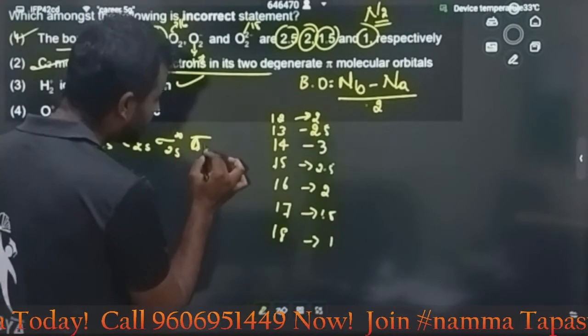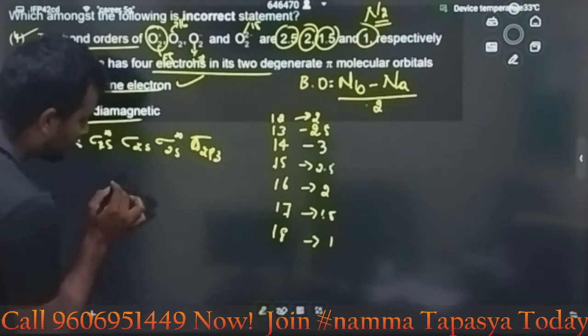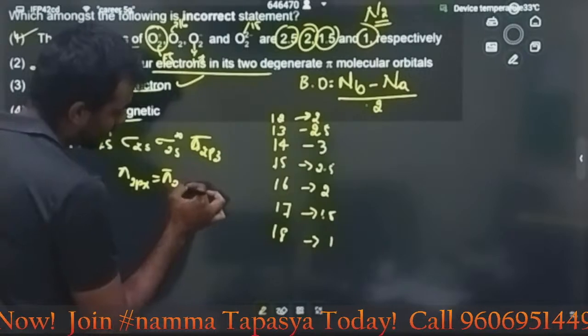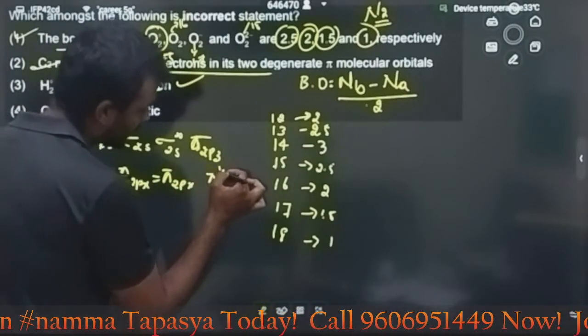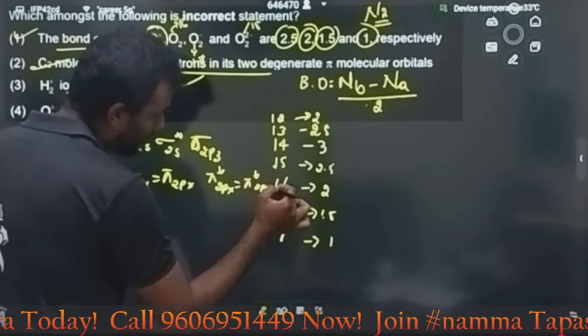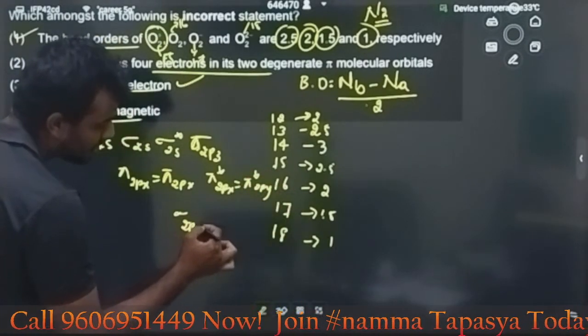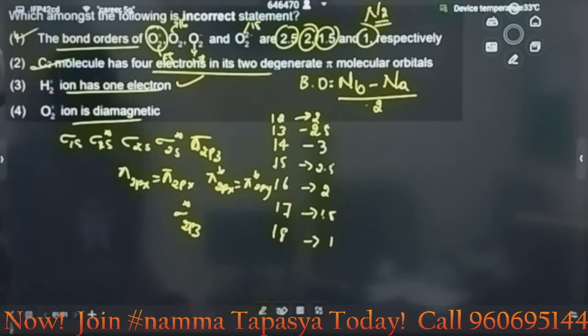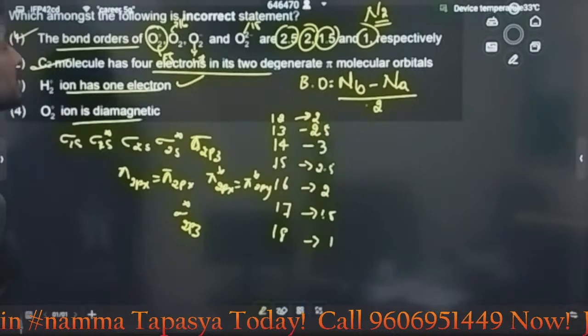Sigma 2pz. Okay, for more than 14, 2pz. Then after that, pi 2px, that is equal to pi 2py. Then pi star 2px, that is equal to pi star 2py. Then after that you come with sigma star 2pz.